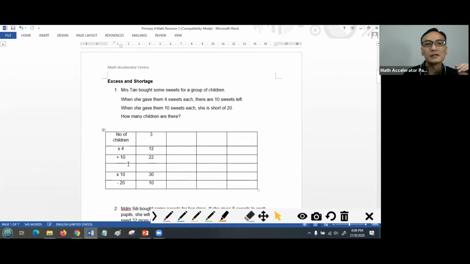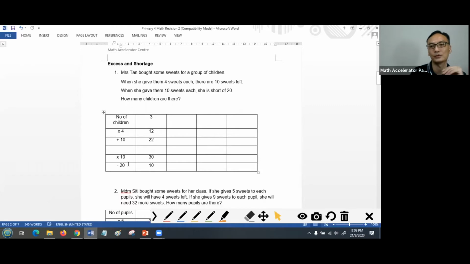Let's go through the first question. This is a typical excess and shortage question. Mrs. Tan bought some sweets for a group of children. When she gave them 4 sweets each, there are 10 left. When she gave them 10 sweets each, she is short of 20. How many children are there?